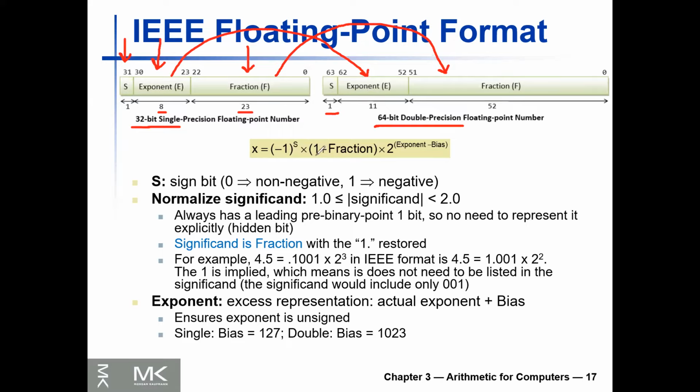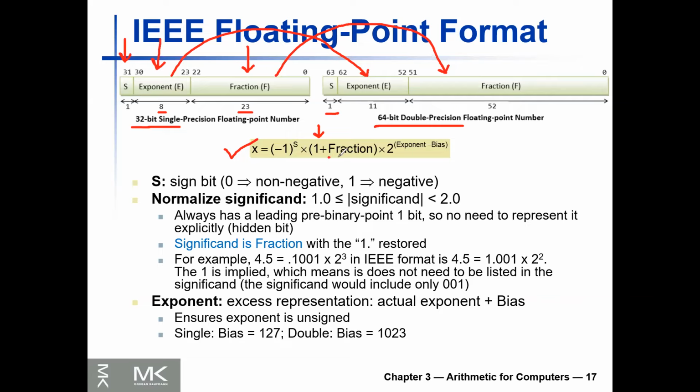Now, how are we going to retrieve the actual number? This is the formula: (-1)^s, where s is the sign, times (1 + fraction). As I said, we never store the 1 to the left of the decimal point, because it is implicit and always there.